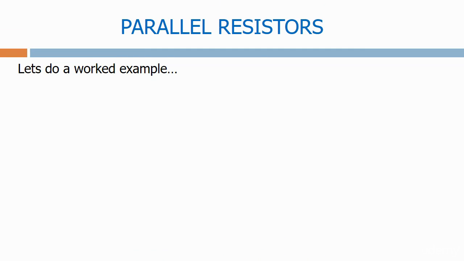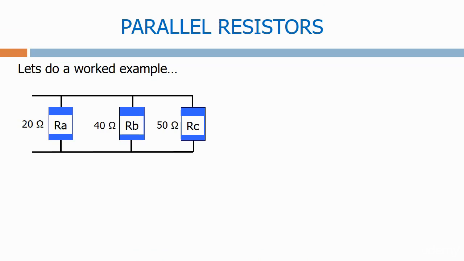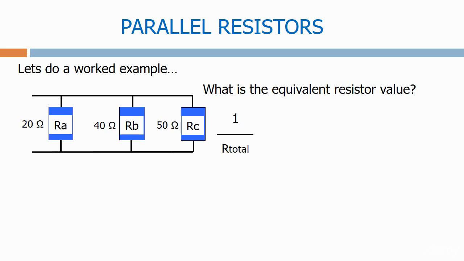Let's do a worked example. Here's the resistor chain from previously with RA, RB and RC. What is the equivalent resistor value? Well, 1 over R total equals 1 over 20 ohms, which is RA, plus 1 over 40 ohms, which is RB, plus 1 over 50 ohms, which is RC.